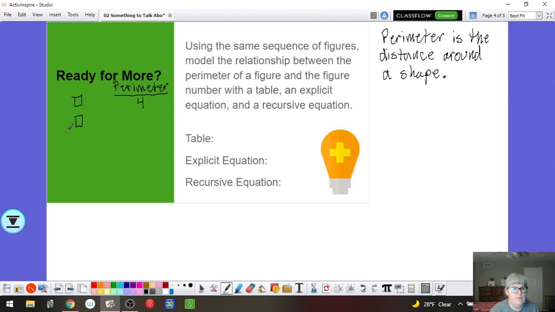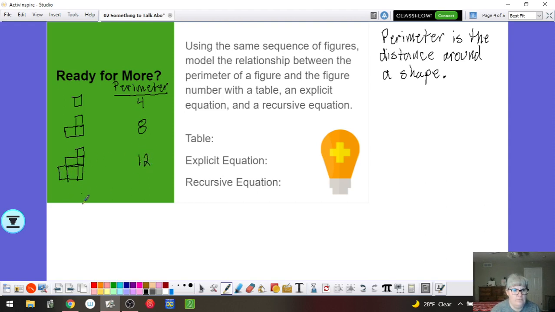For figure 2, our perimeter is 1, 2, 3, 4, 5, 6, 7, 8. For the third figure, our perimeter is 1, 2, 3, 4, 5, 6, 7, 8, 9, 10, 11, 12.